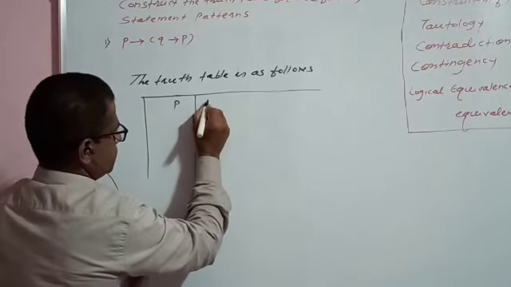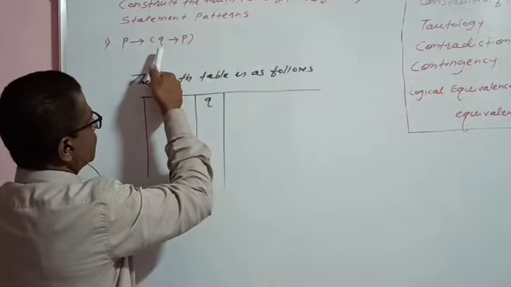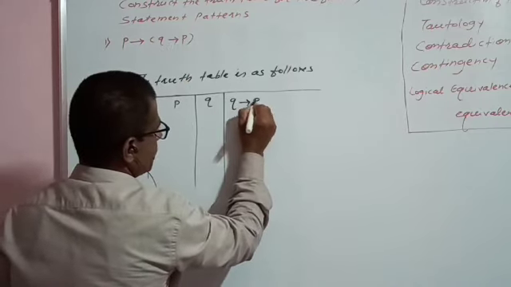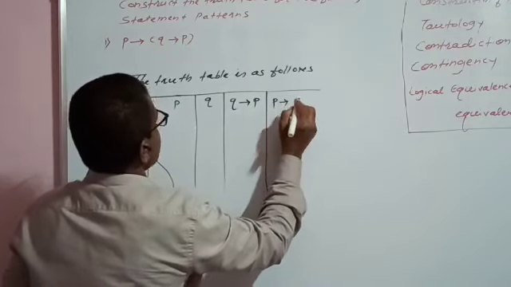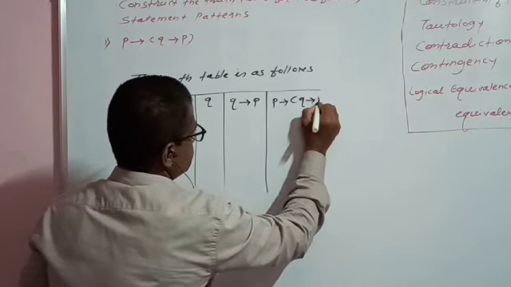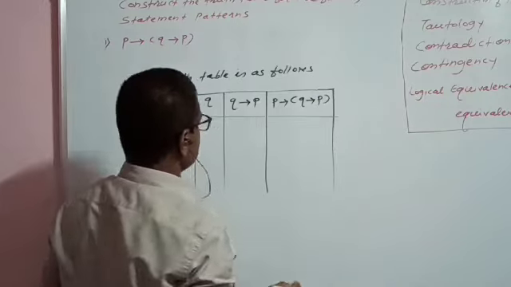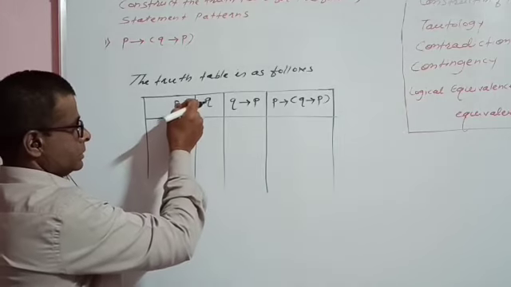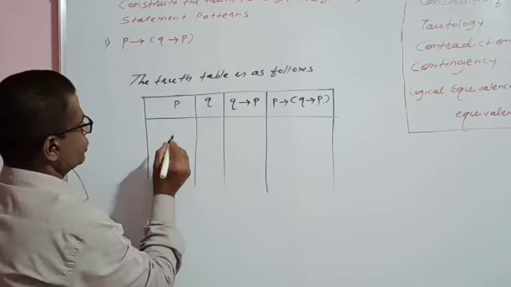Statement P, statement Q, then the implication of Q and P is there. So Q implication P, and finally P implies Q implication P. As there are two statement letters P and Q, each statement letter consists of four truth values.